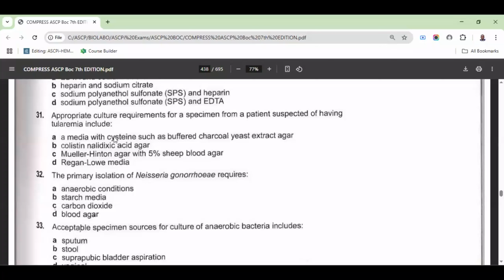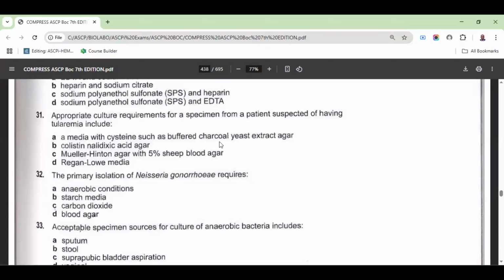If you read notes, you will see this one, cysteine. Cysteine is very important for tularemia, for tularensis. It can't even grow without cysteine. You will see some concepts where we say without cysteine, with the cysteine, and we see how it grows.